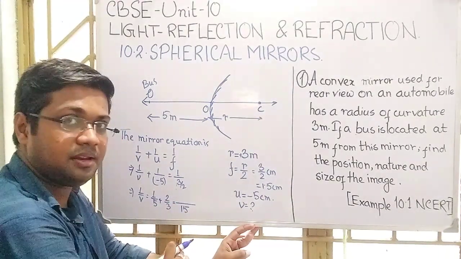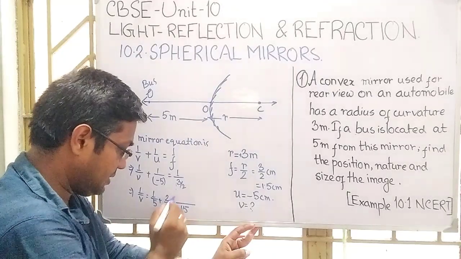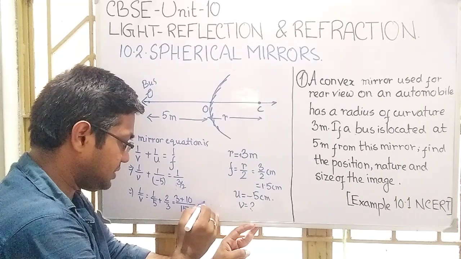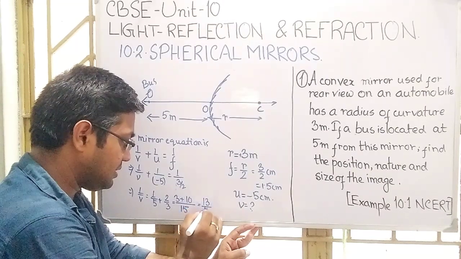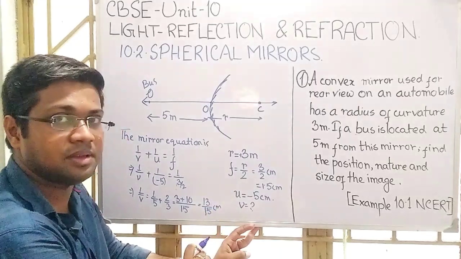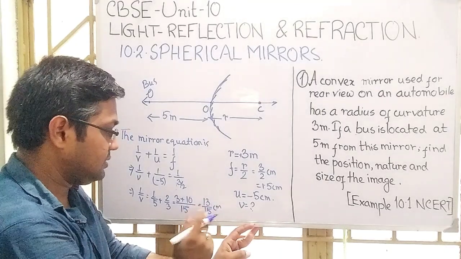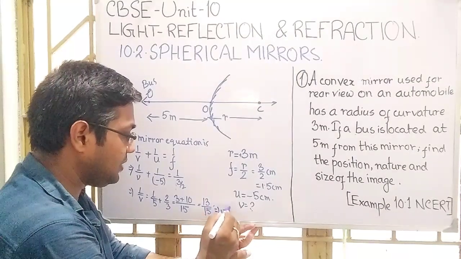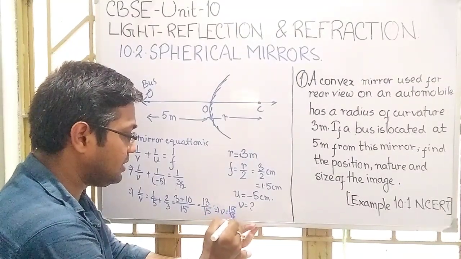It is 15 after the LCM. So it is 3 plus 10, so it is 13 divided by 15 centimeter inverse, it is positive. So v is 15 divided by 13.